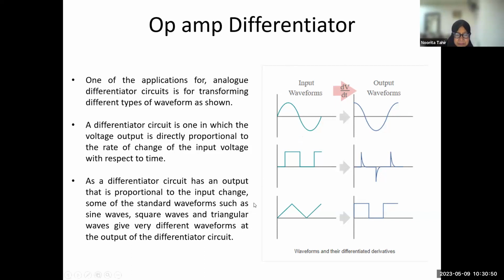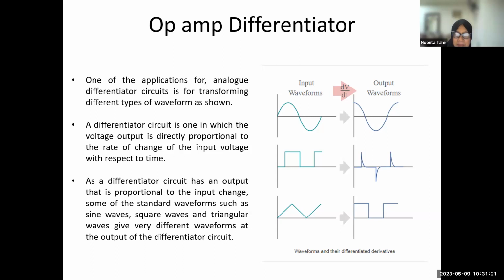So the output is proportional to the changes at the input, and waveforms like the sine wave, square wave, and triangular wave will be differentiated and transformed into a different waveform at the output of the differentiator circuit.